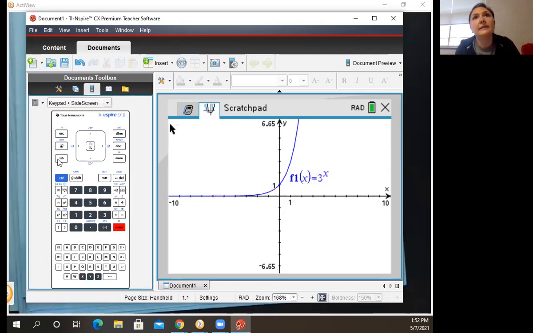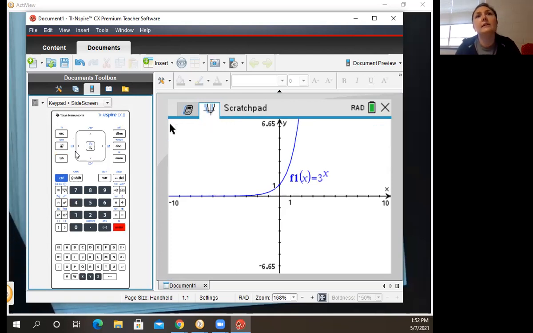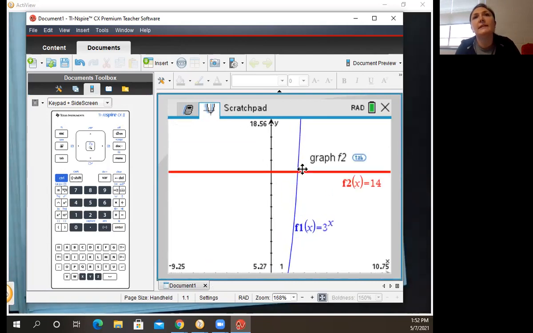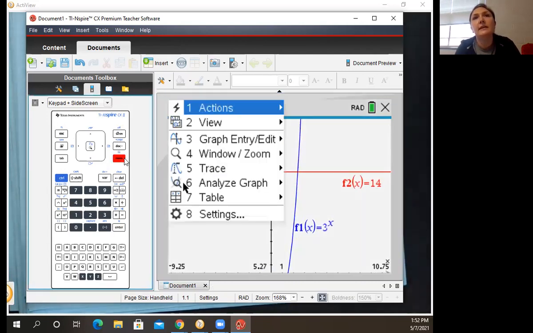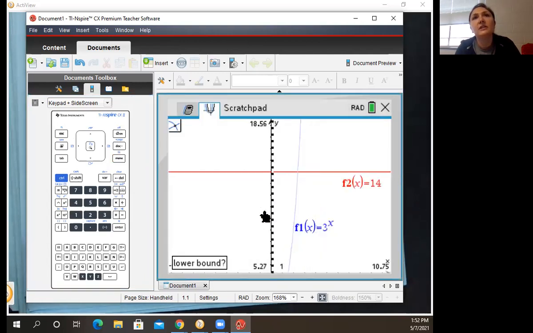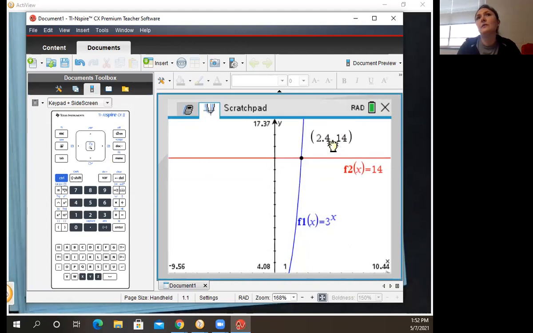And then hit the tab key so I can graph the right-hand side, which is 14. And let me pull this up here so I can see that intersection. And then menu, analyze graph, intersection, click on either side. And that x value, 2.4, we don't get as many decimals on the graph, but I get the same solution, 2.4.